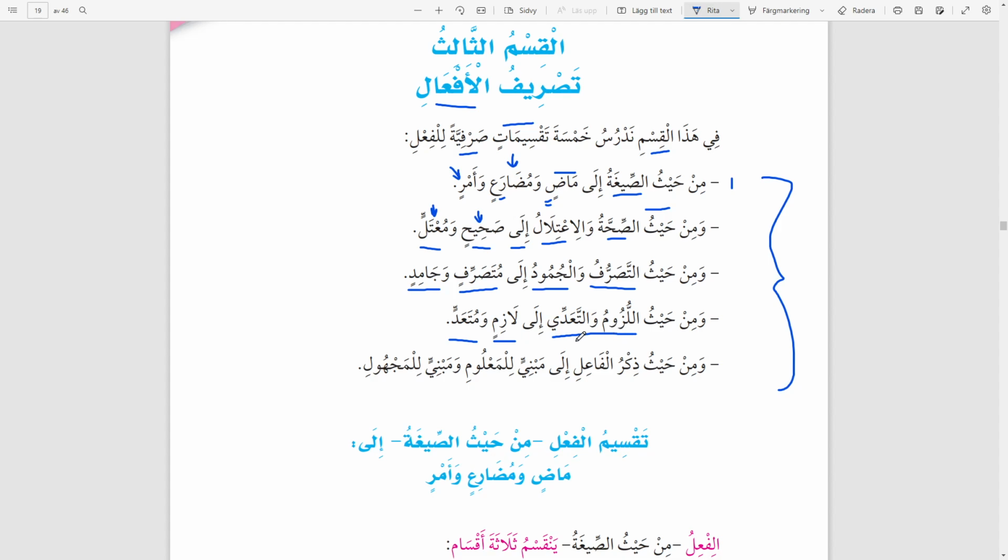So لزوم الفعل or الفعل اللازم means that it has no effect on anything except the person who is the actor. So, for example, حسن means I was good, حسنت. So it doesn't have any effect. That verb, that action, has no object.